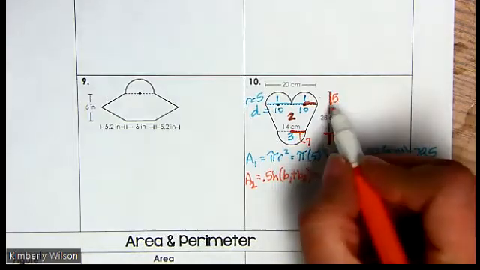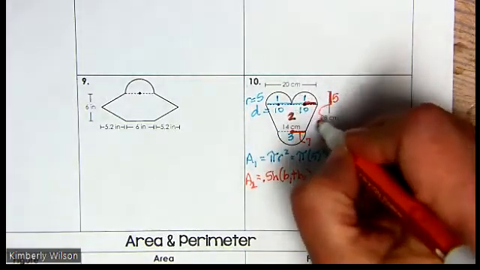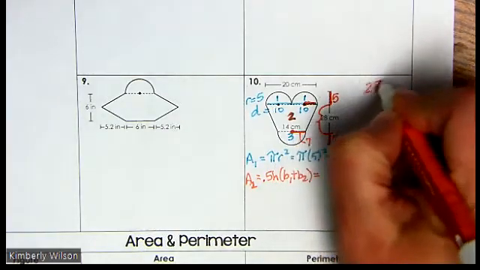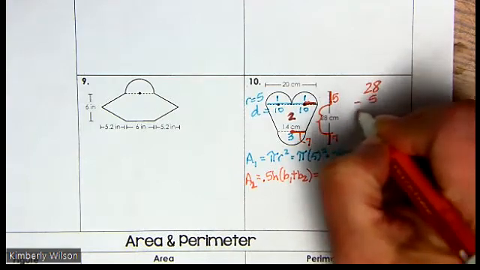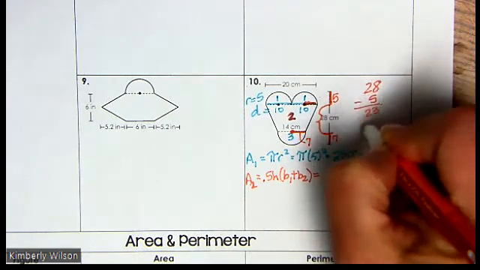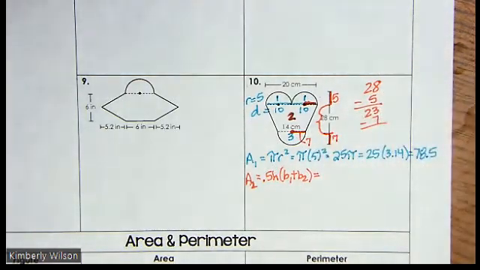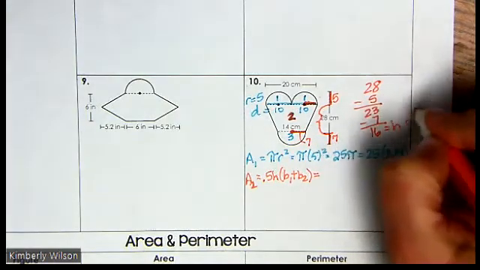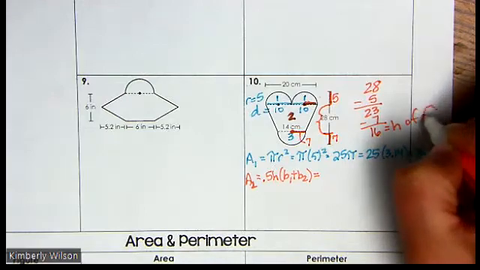To figure out the height, which is this distance here, I'm going to do 28 minus 5, which is 23, minus 7, which gives me 16. That is the height of the trapezoid.